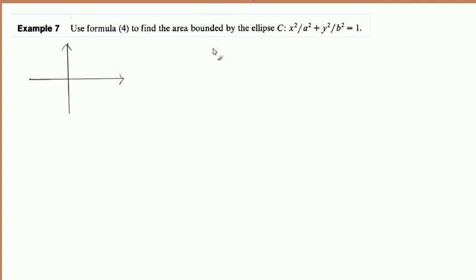If it is given by this formula, what is the x-intercept? a is the x-intercept, right? What is the y-intercept? Plus minus b. You can easily verify that 0 comma b does it, a comma 0 does it, right? An ellipse looks like this.